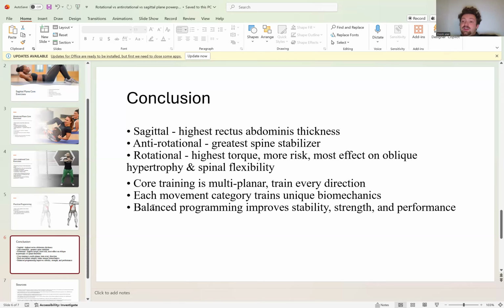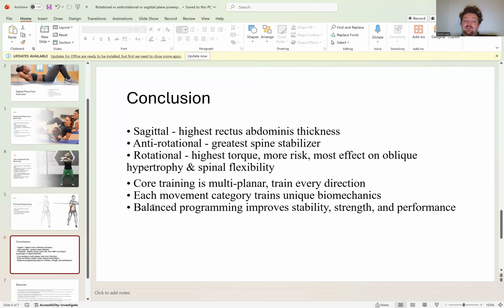As far as your oblique muscles, it's really not so much. It hardly stimulates them, as the EMGs have shown in all articles.